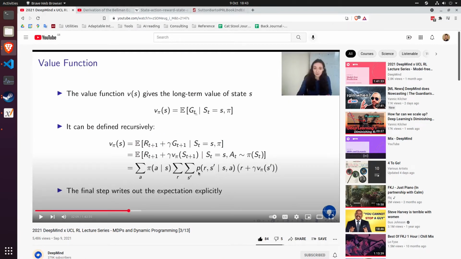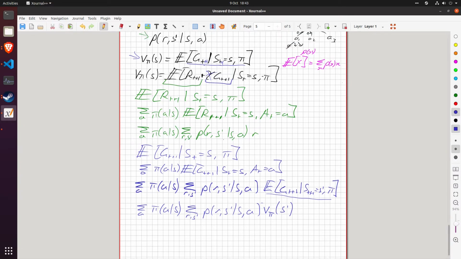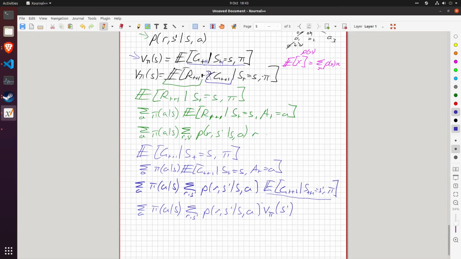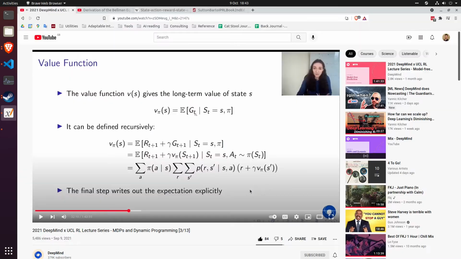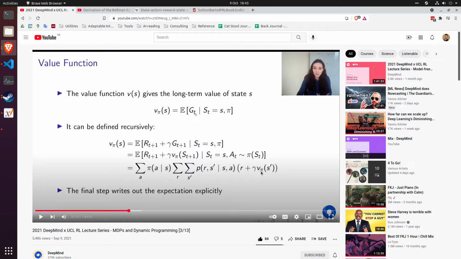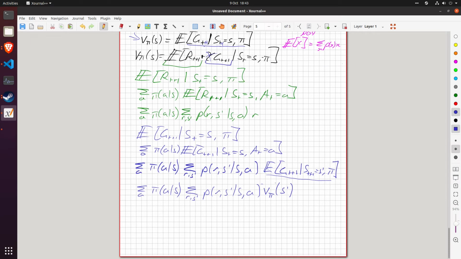we have, if we sum that all together, we basically get this. So from the green bit, we get the R term here. And then from the blue bit, we get the gamma, because I took the gamma out, I have to put it back in, value function of S prime.